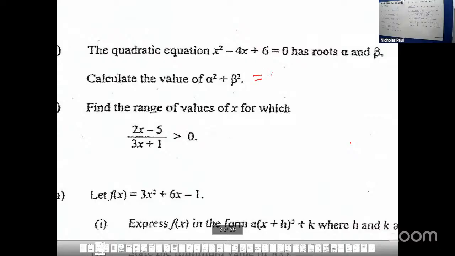Alpha plus beta squared minus 2 alpha beta. And you should remember how to find alpha plus beta. Yes, it's in the notes.